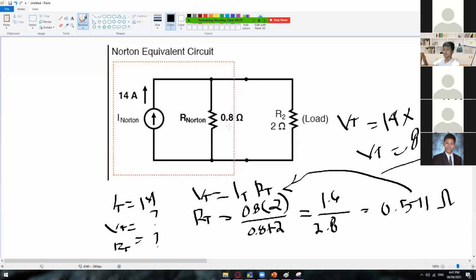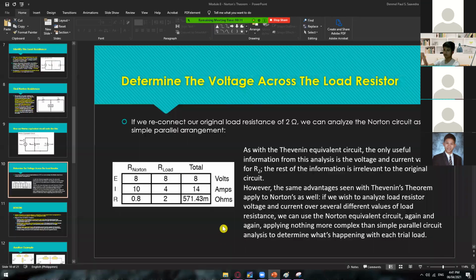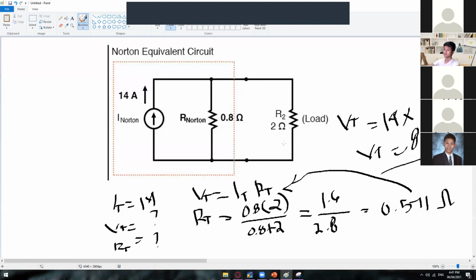For the resistance, we've got a total resistance of 0.571, or 571.43 milliohms. Are we clear, guys, regarding this one?